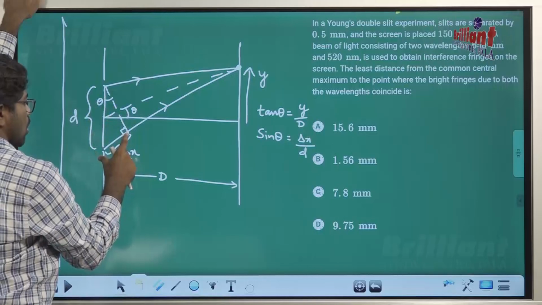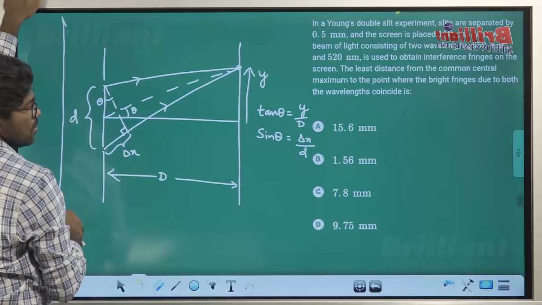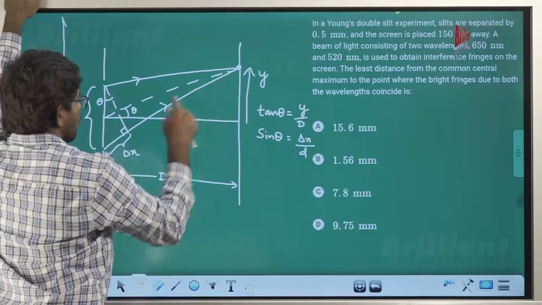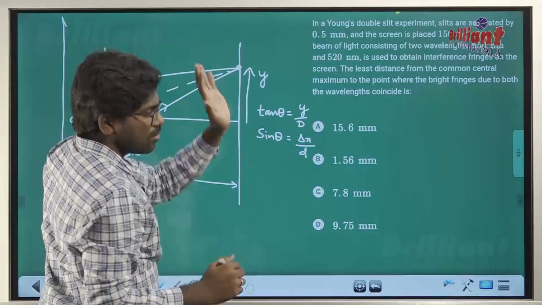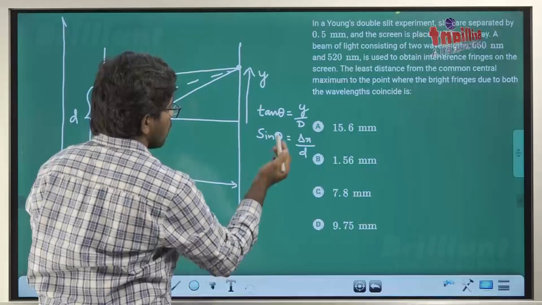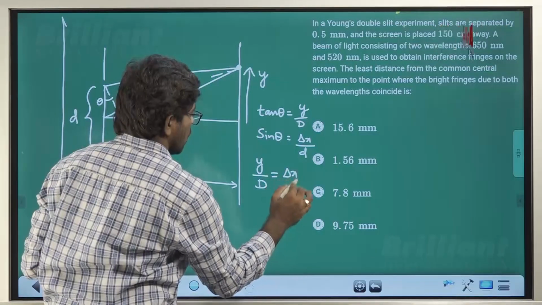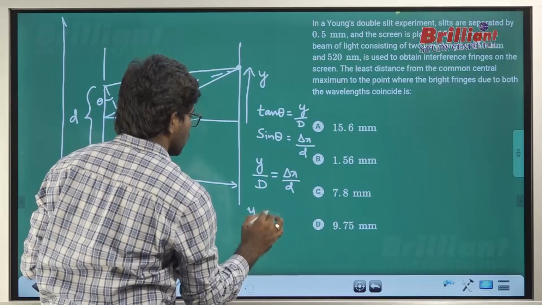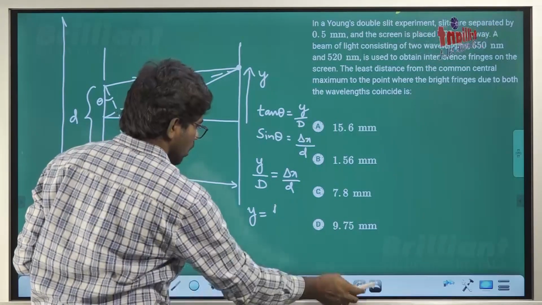Sin theta equals opposite side by hypotenuse, delta x by d. Then tan theta equals y by D in this triangle. Remember these two. And sin theta equals tan theta when theta is small. And from this what you will get? Y by D equals delta x by d. Then y equals delta x into capital D by small d, or delta x equals y into small d by capital D.